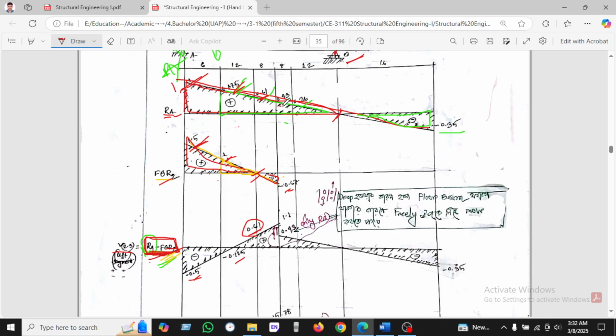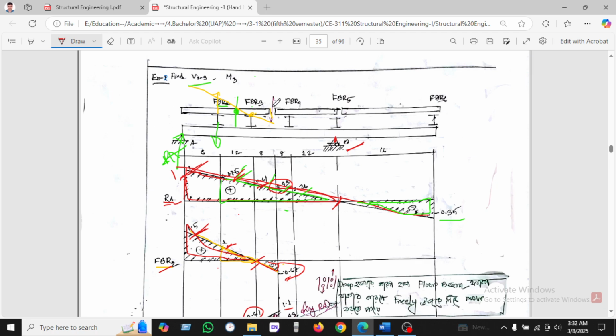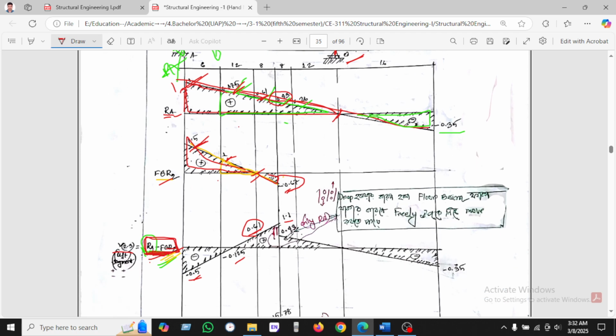And then in the same way we take 0.43 and minus 0.67, it will be 1. And it will break down because there is a floor beam, as we can see here. That's why it will break down, taking only RA, 0.43. And for this other one, RA minus floor beam 2.26, and there is no value, that's why it will be 0.26, and it will be 0 as RA.